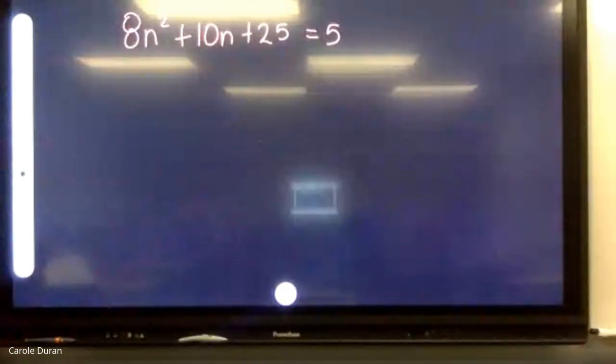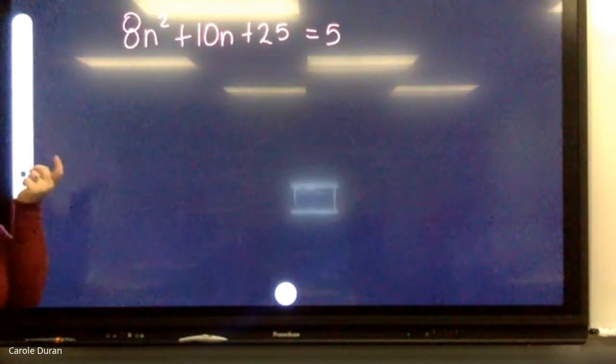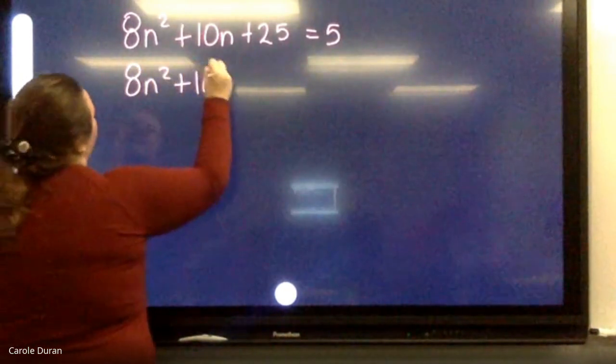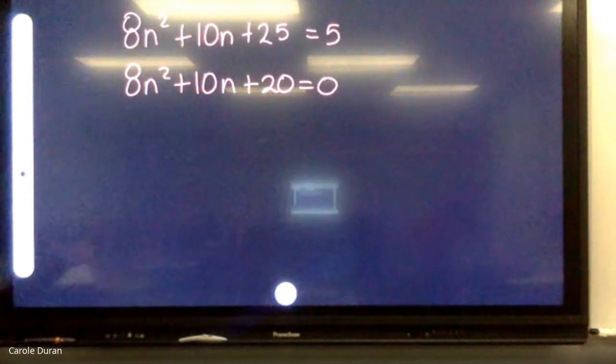Let's give everybody a chance to write it first. Heath, go ahead. You have to subtract the 5 because I need everything on the left-hand side. So when I do that, I get 8n squared plus 10n plus 20 equals 0.